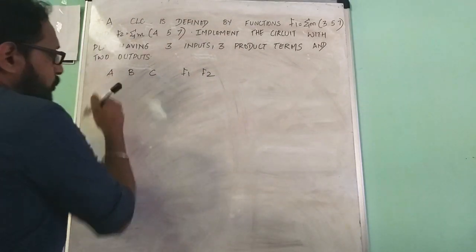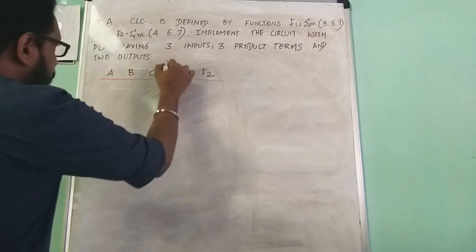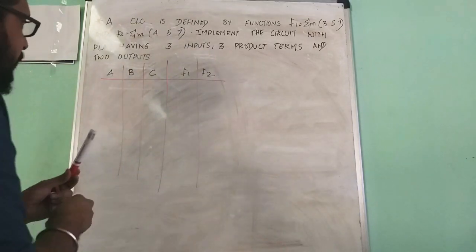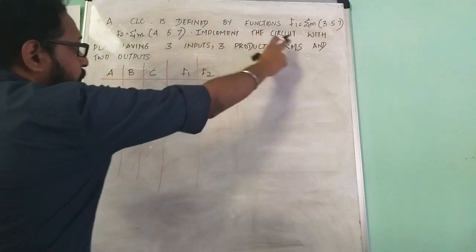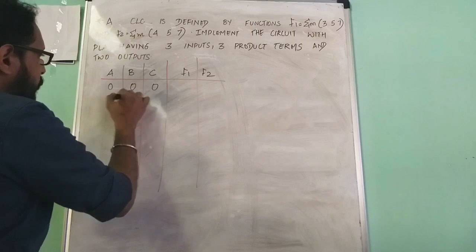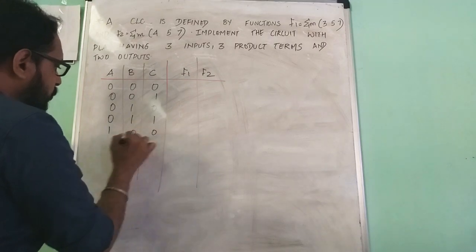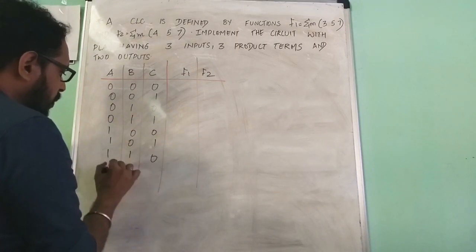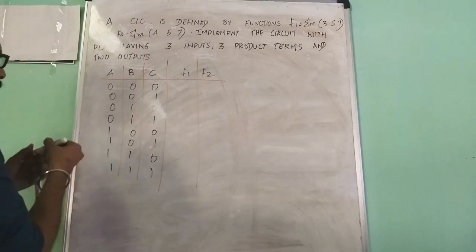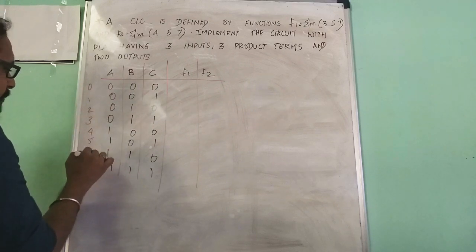The biggest value is 7, so we will go for 3 variables: 000, 001, 010, 011, 100, 101, 110, 111. That is 0 to 7. If you have any confusion, just write 0, 1, 2, 3, 4, 5, 6, 7.